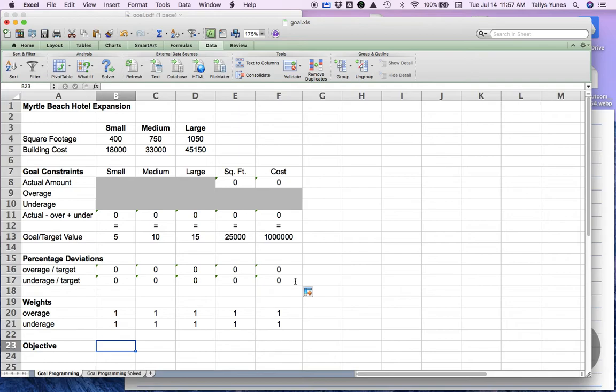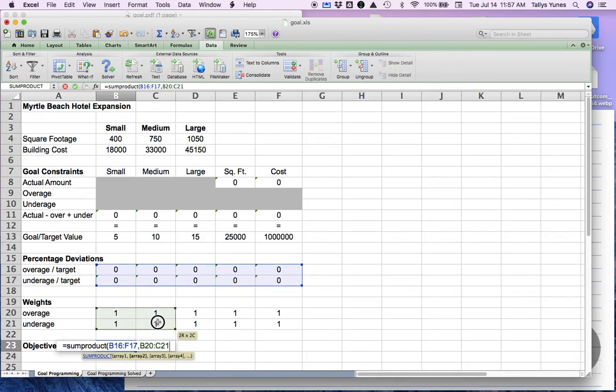So everything is equally important. To get the final expression, I can do a sum product between the percentage deviations and their weights. Because all weights are currently 1, this is simply equivalent to just summing up all the percentage deviations. But doing it this way allows you to come back later and change one of these weights, and you'll see one reason why you want to do that once you see the answer.